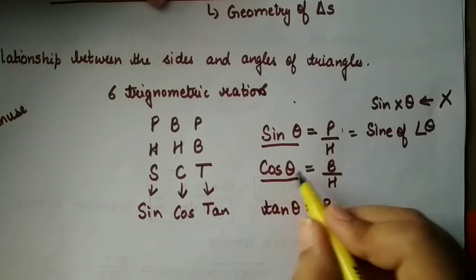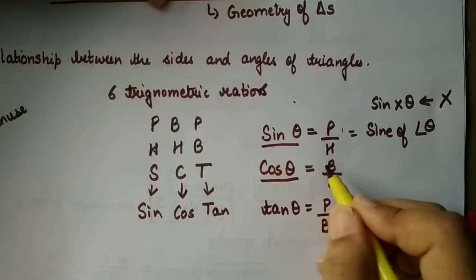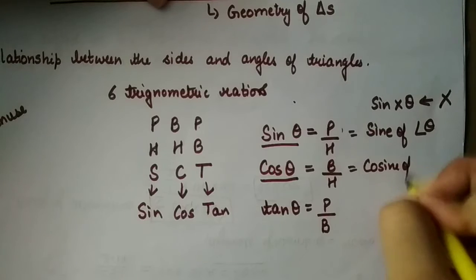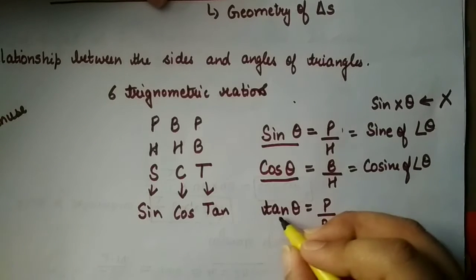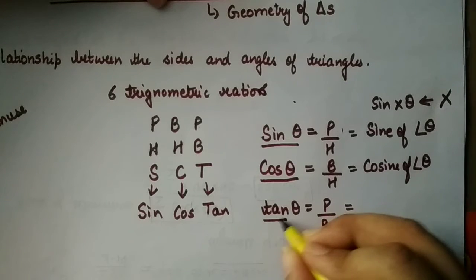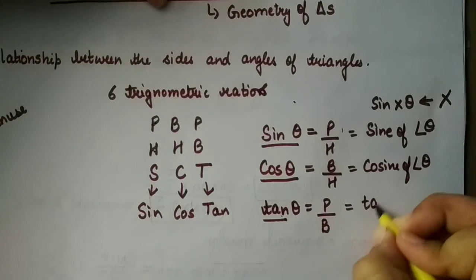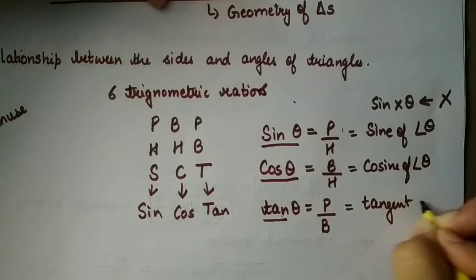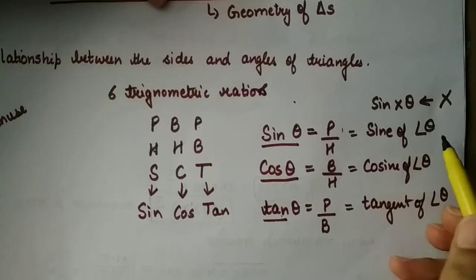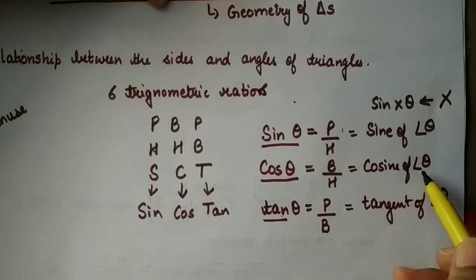Okay, so cos theta does not mean cosine into theta. It means cosine of angle theta. Tan stands for tangent. Okay, so it does not mean tan into theta. It means tangent of angle theta.